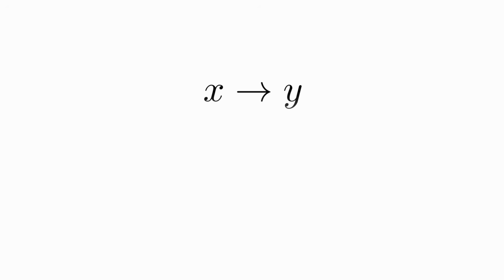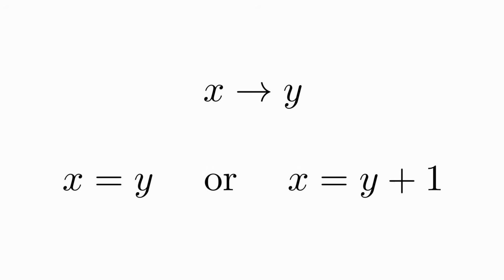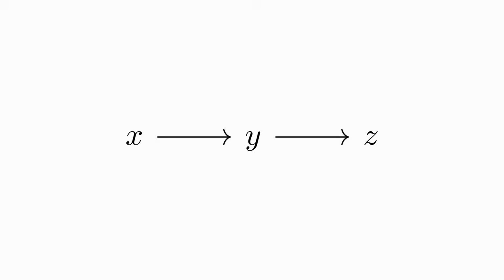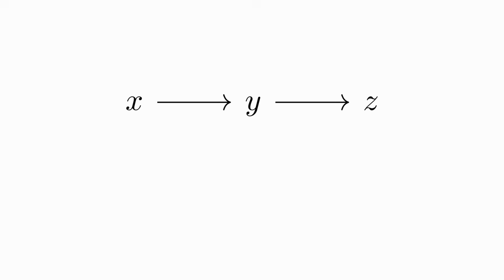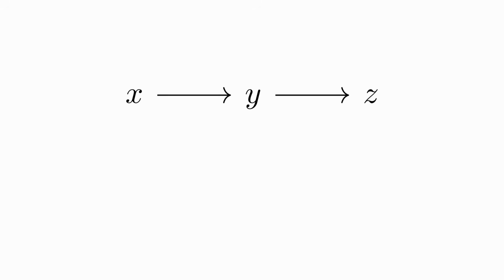Alright, you might say, let's adjust that to say there's a morphism from x to y if and only if x equals y or x equals y plus 1. This fixes the identity issue, so maybe it works as a category. But consider composition. If we have morphisms x to y and y to z, which aren't identities, then x equals y plus 1 and y equals z plus 1.